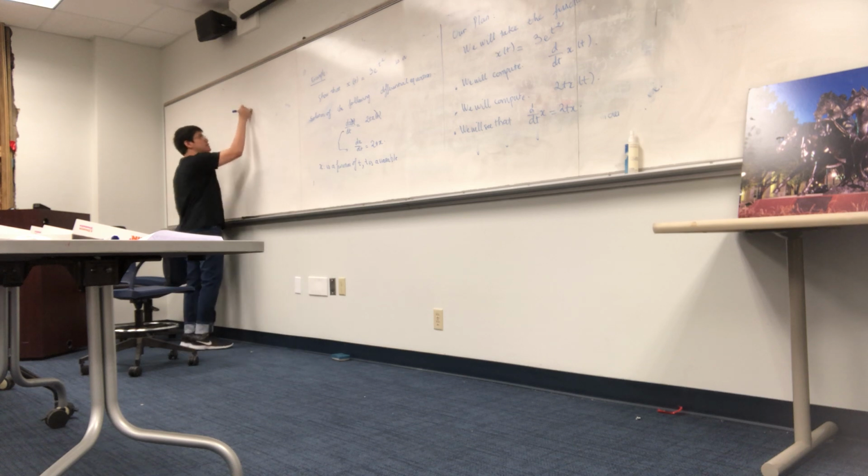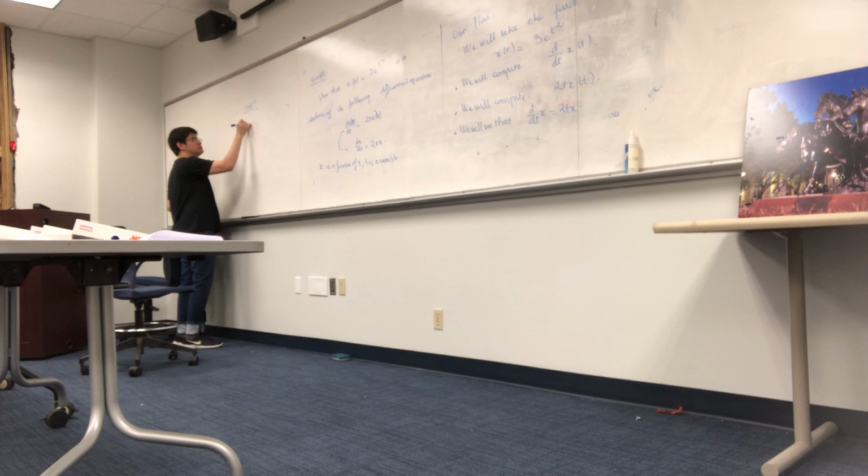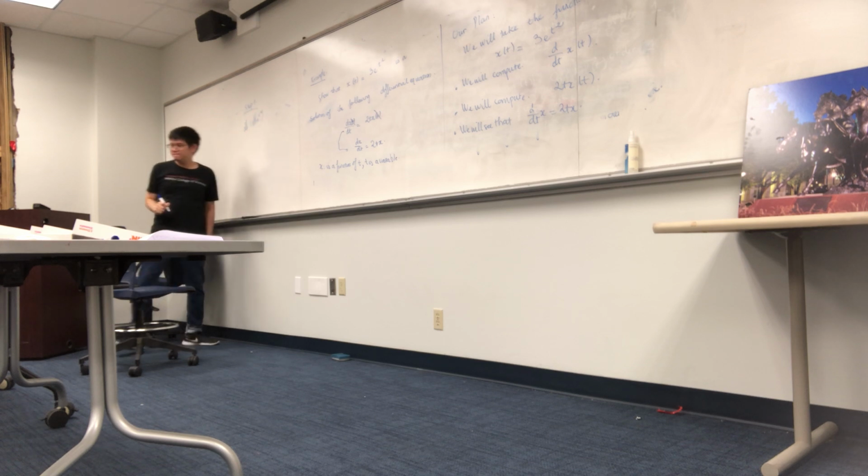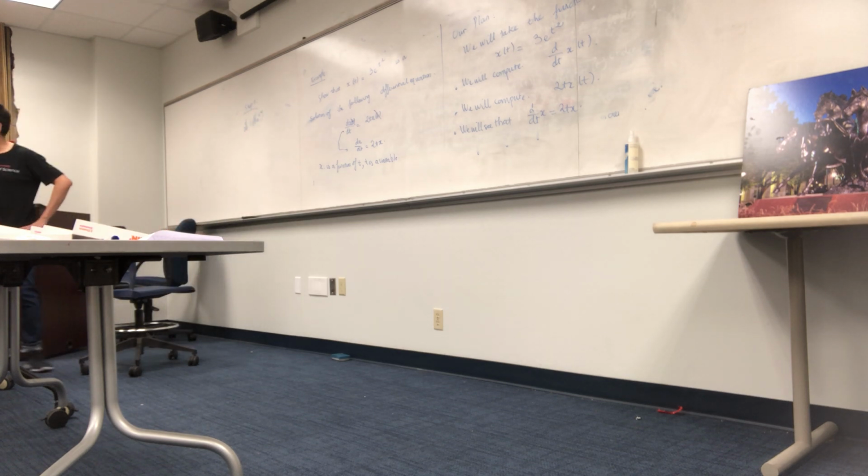So step number 1, I have this function, 3 times e^(t squared), and I'm going to take its derivative. How can I compute the derivative of this function? Yes? Use the chain rule? Chain rule, yes, excellent.